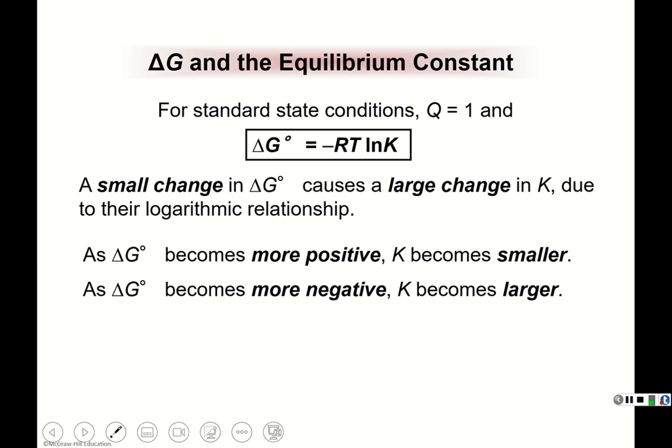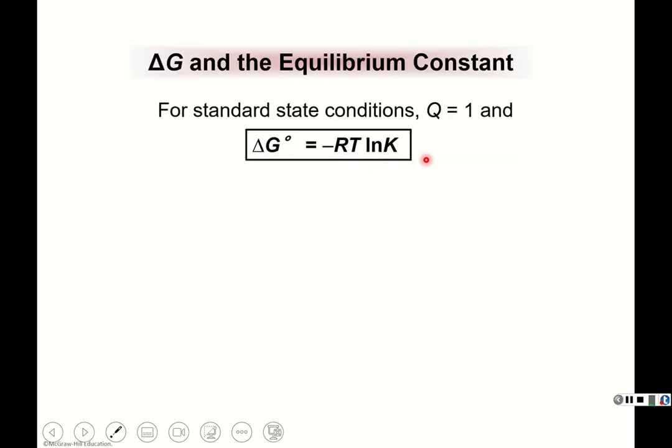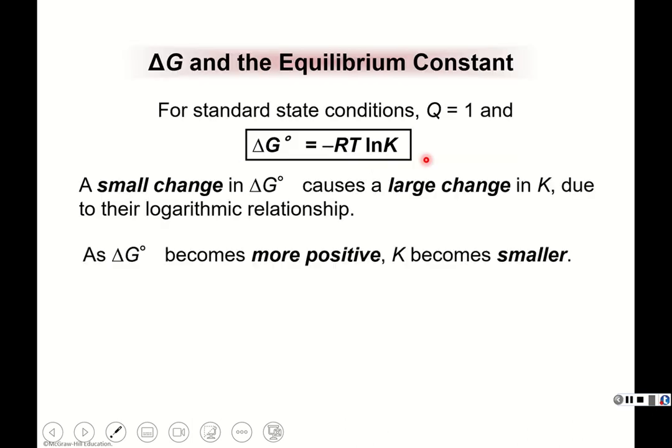So we can write a delta G value at standard conditions, and we call that delta G naught, and that equals minus RT ln of K. If we back up here and plug our value of 1 in for Q at standard state, this whole term would be 0 because the ln of 1 is 0. So that would drop out, and we're left with minus RT ln of K at standard conditions.